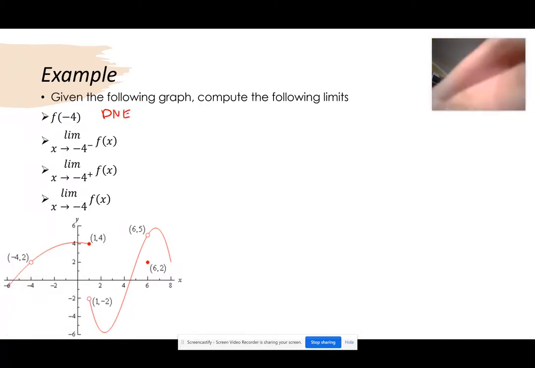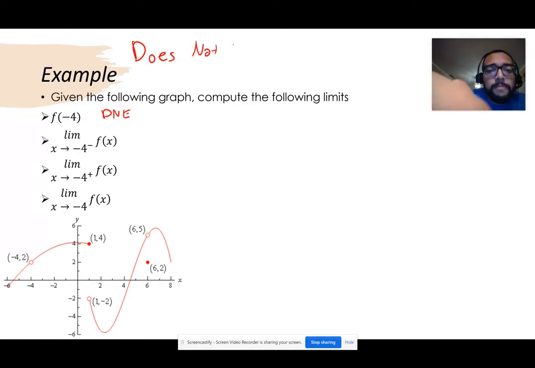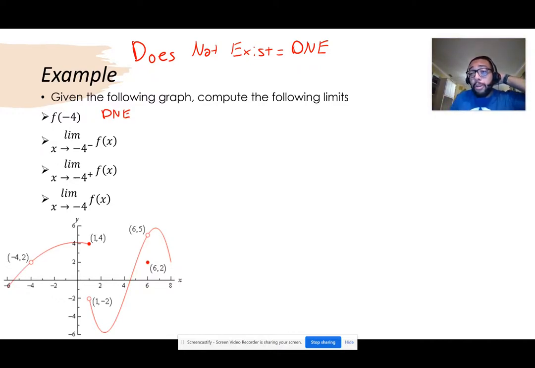I'm going to say DNE, so if you didn't know, does not exist. It's the same thing as does not exist, just easier to write. The reason, again, is there's an open hole there. There's not a closed dot, but that is f of -4.